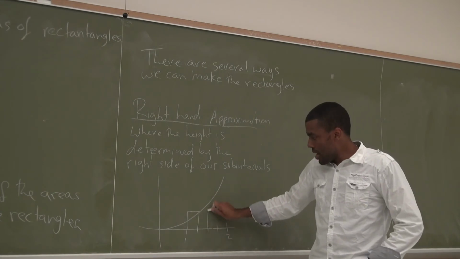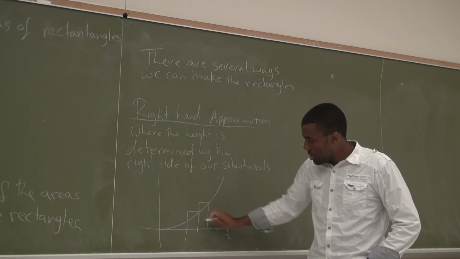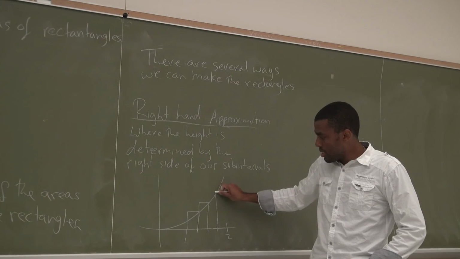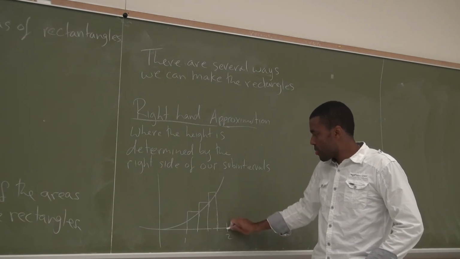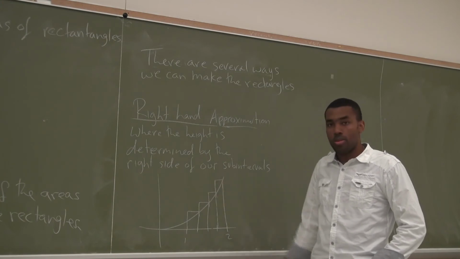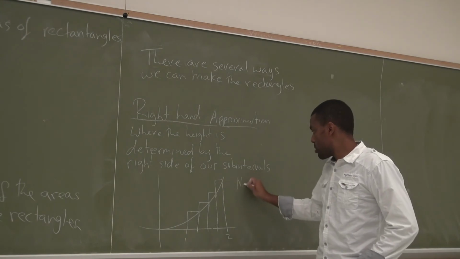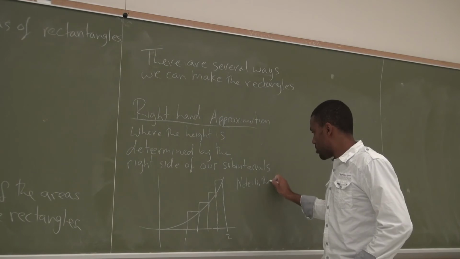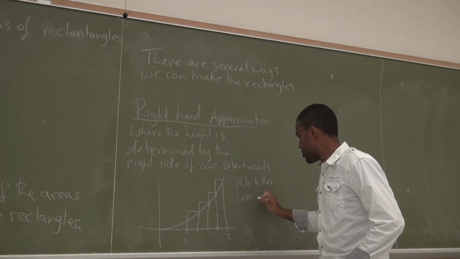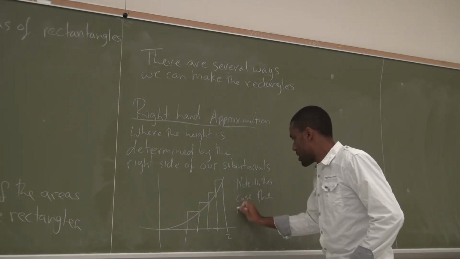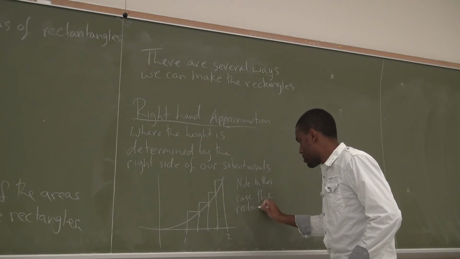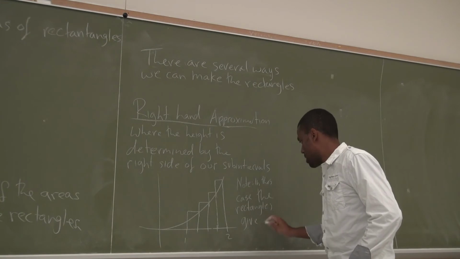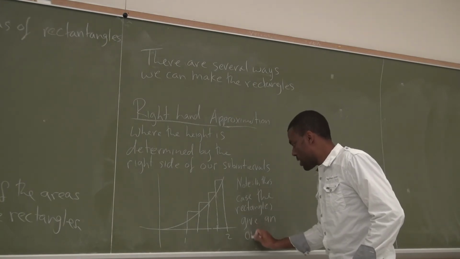So here in the right hand, I can keep making my rectangles by taking the right side of the subinterval, hitting the curve, and then coming over. Right hand, hit the curve, come over. Note, in this case, the rectangles give an overestimate for the area.